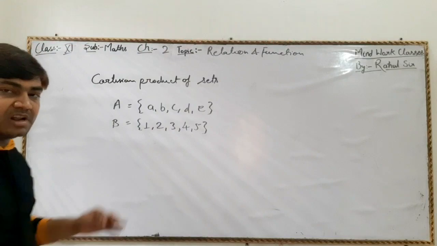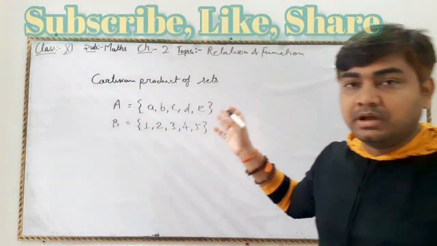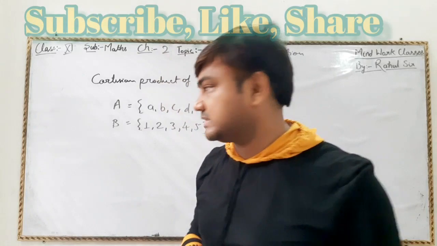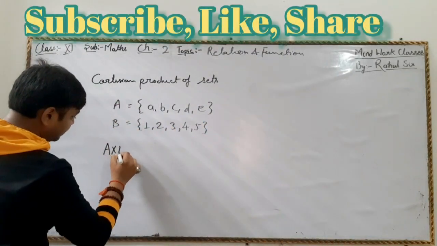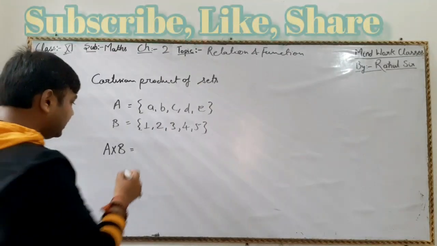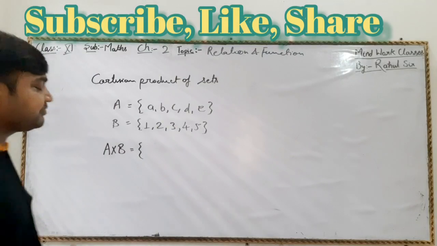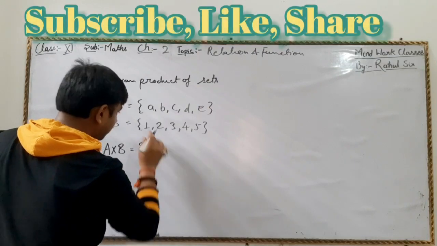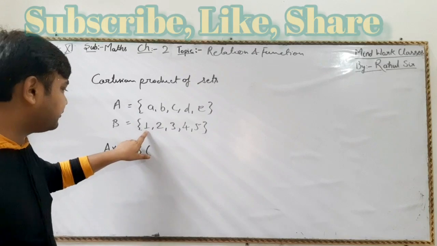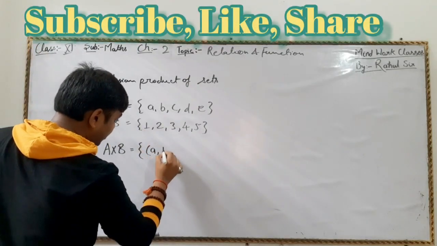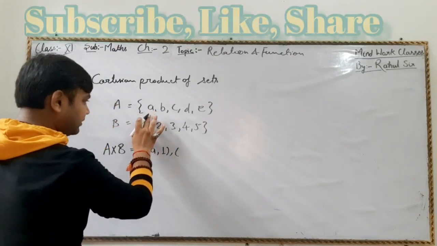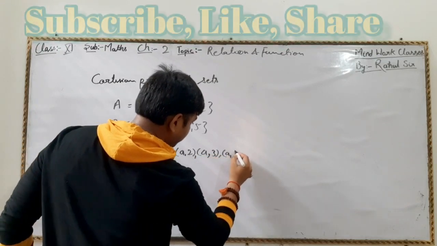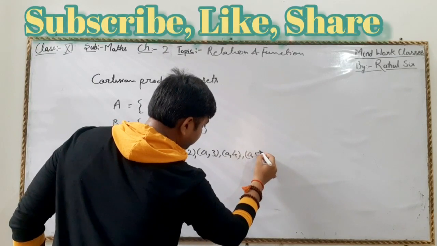If we have such sets and we want to find the Cartesian product of the two sets, that means A into B. What does A into B mean? It will give you elements like this: take one element from this set and one element from the other. a comma 1, a comma 2, a comma 3, a comma 4, a comma 5.